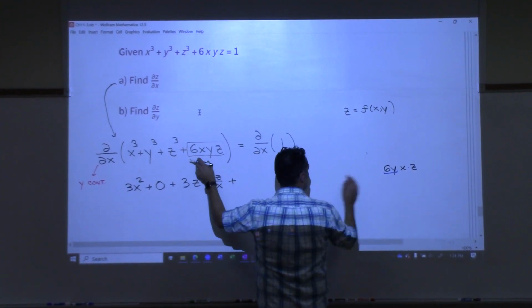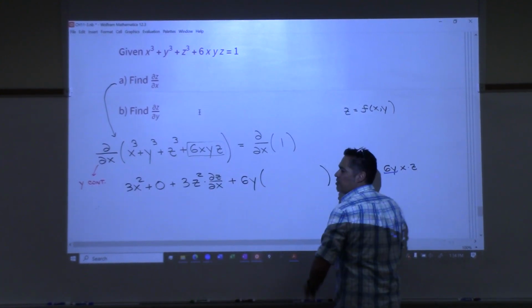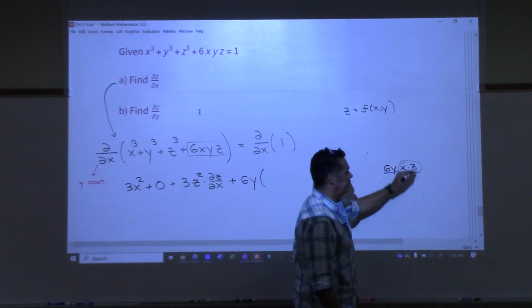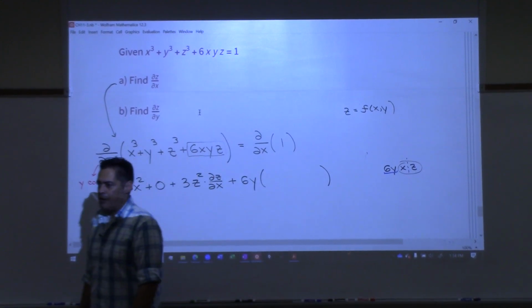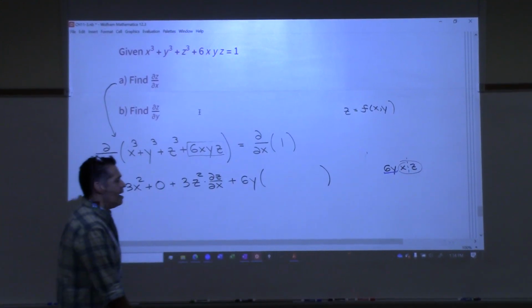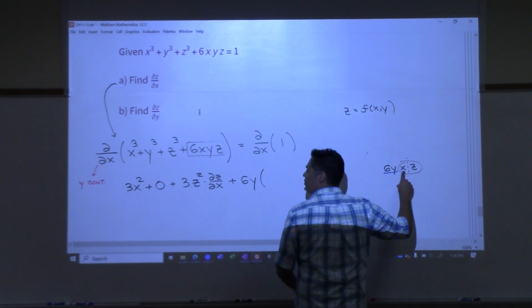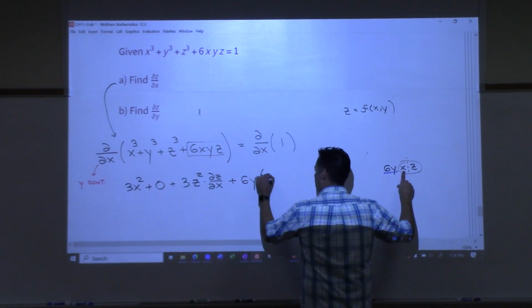Plus, okay, here's my 6y. And now I'm going to put a parentheses so that I can do that product rule on the x and the z. So if I do product rule there, the first thing I do is I take the derivative of x with respect to x. What's the derivative of x with respect to x? 1.